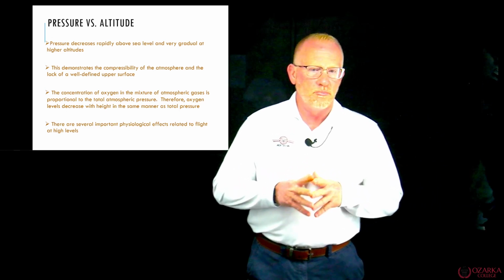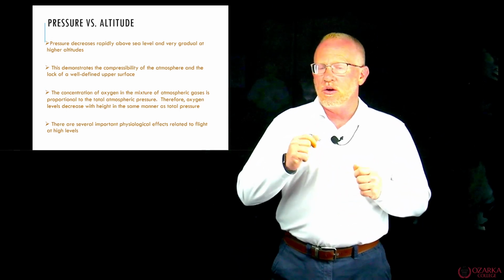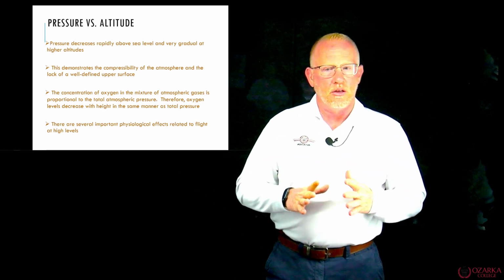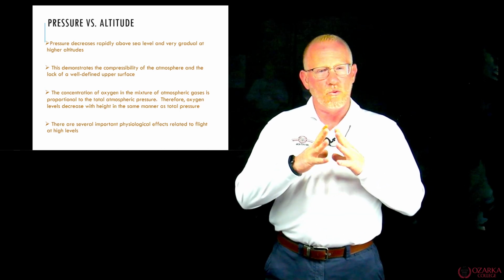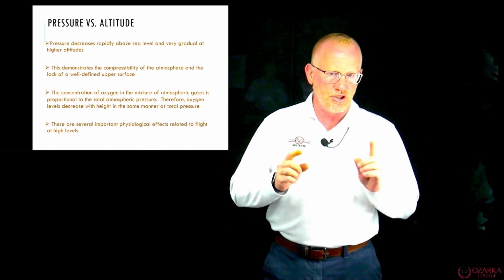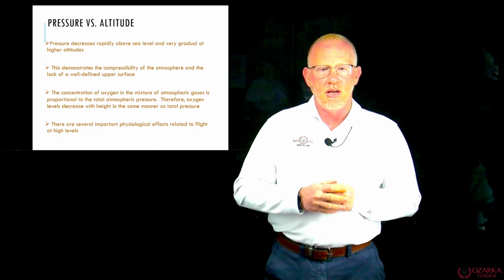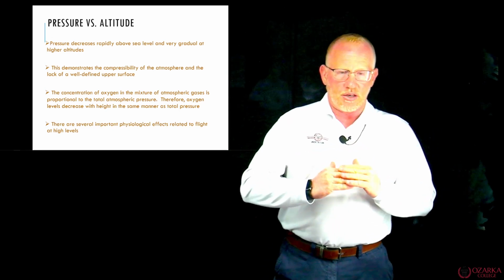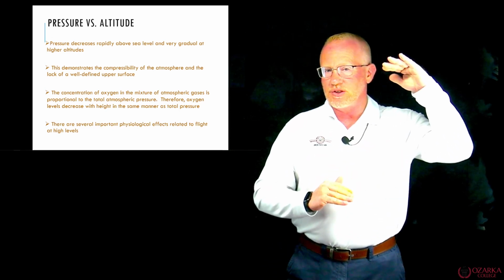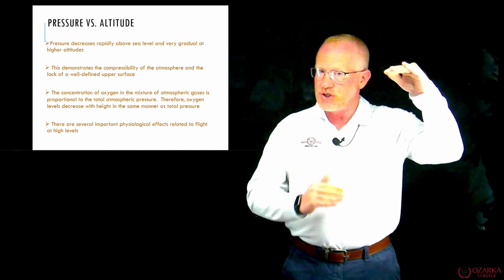Now, this is a little misnomer. This is something that gets people confused a little bit, but I want to set it straight for you just for a minute, okay? The amount of oxygen as we go up through the atmosphere does not change.